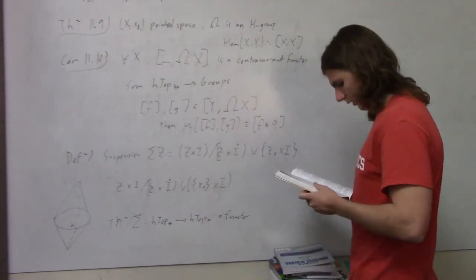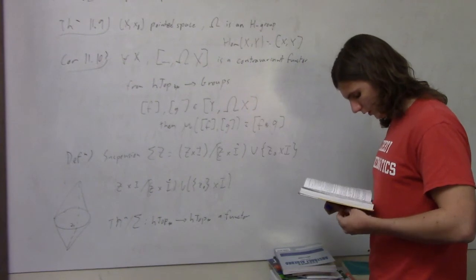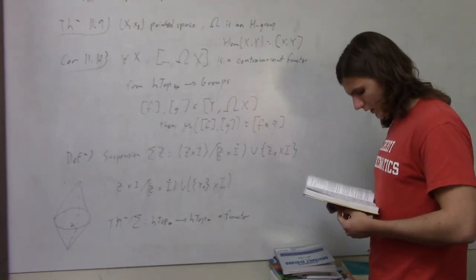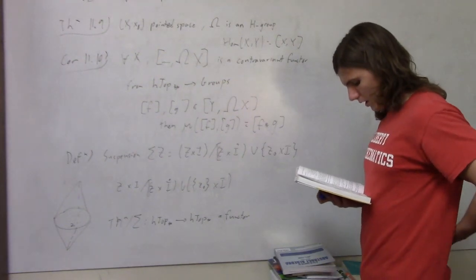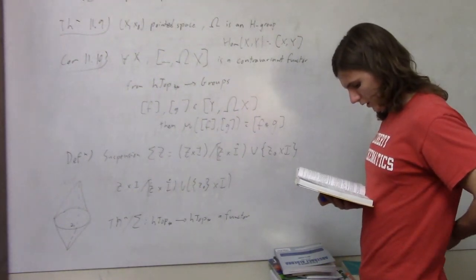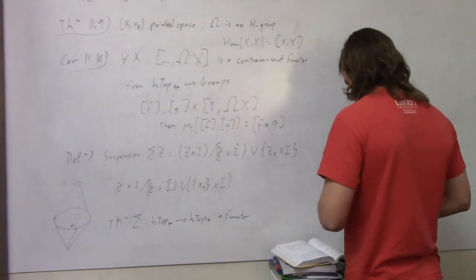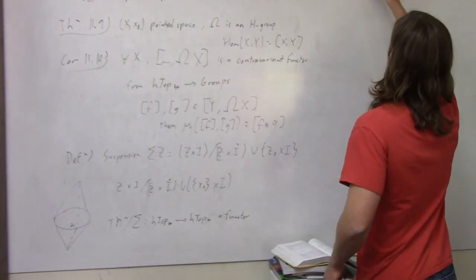I'm not going to write all this out, but we have this concept of adjoint pairs. So if we have two different functors, we have a bijection. I'll write something down.